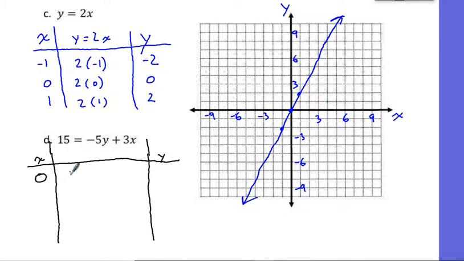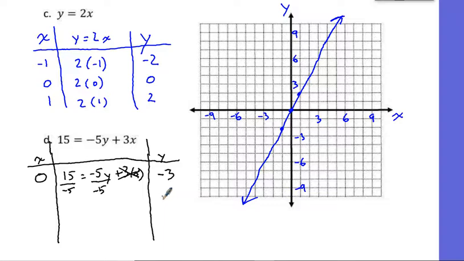We'll substitute 0 in for x. 15 equals negative 5y plus 3 times 0. 3 times 0 is 0 and will go away. And so we just have to divide both sides of this equal sign by negative 5. And then y equals negative 3. And if we put 0 in for x, there isn't anything telling us that we couldn't substitute for y.